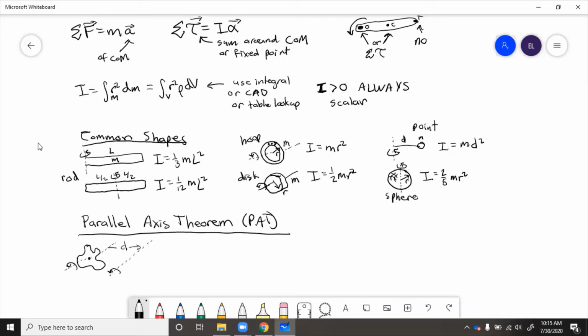So for this axis of rotation, say this is axis C and this is the other axis, we'll call this one A. I around the axis A equals I around the centroid plus md squared.